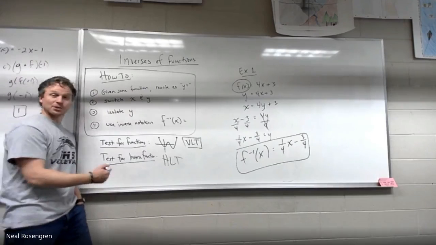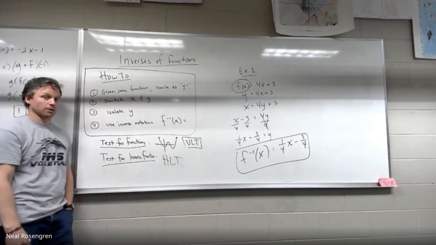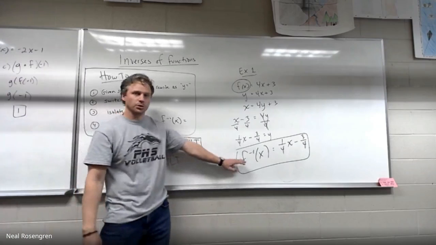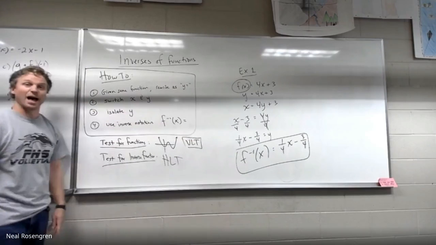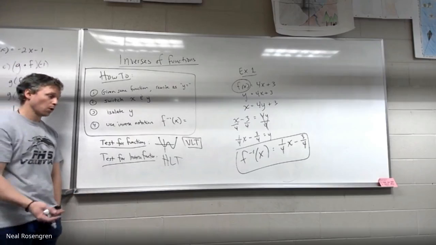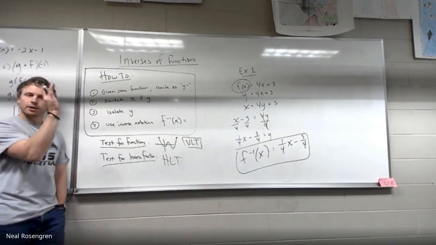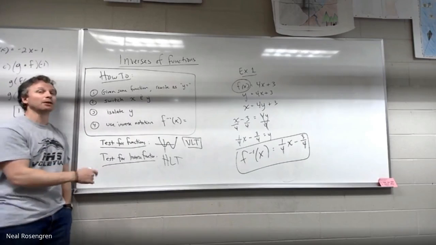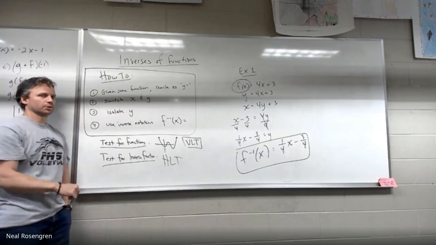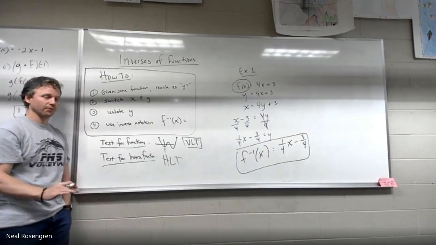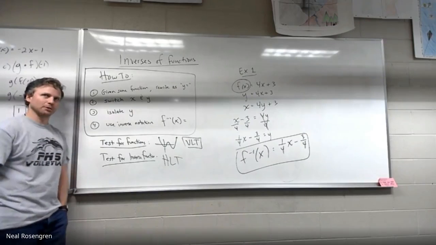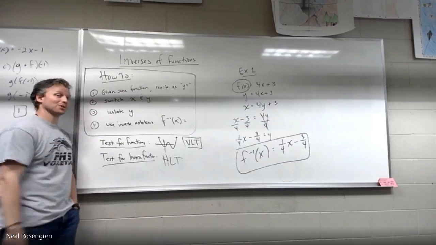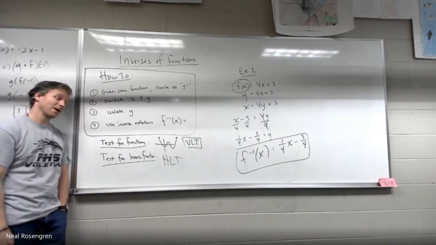Okay, it either passes or it doesn't. Whatever it is, fine. Okay, this is just notation, that just tells me this is the inverse of what you had. But if I'd like to know whether it's a function or not, vertical line test. If I want to know if its inverse will be a function, so not the graph of the inverse, but here's the graph of the function, will its inverse be a function when I make all that switch?